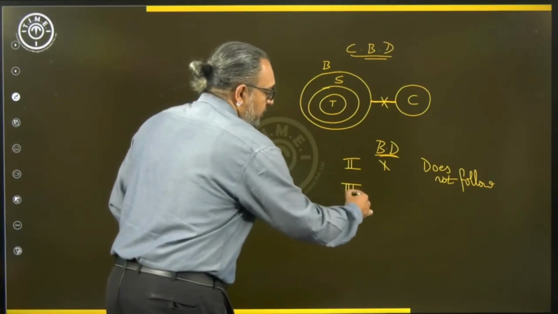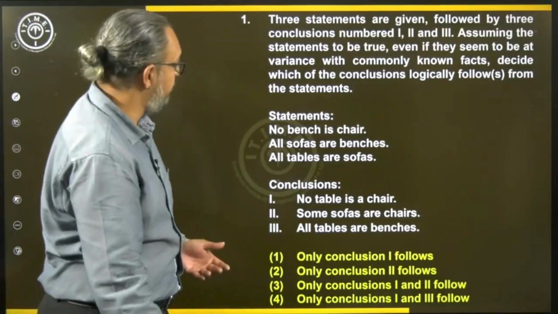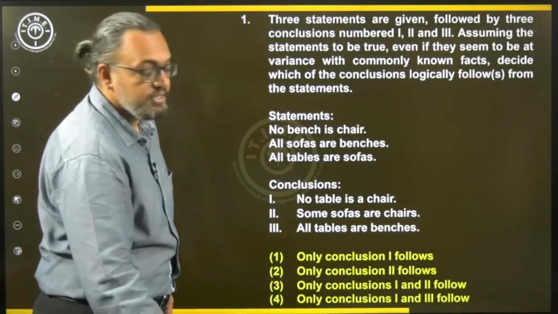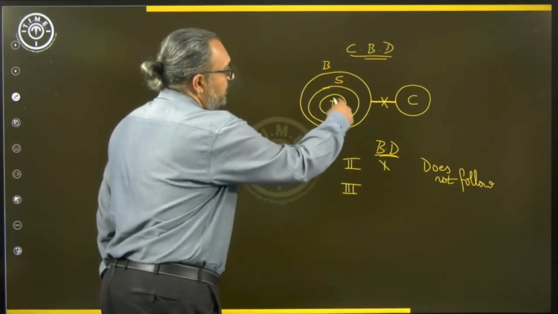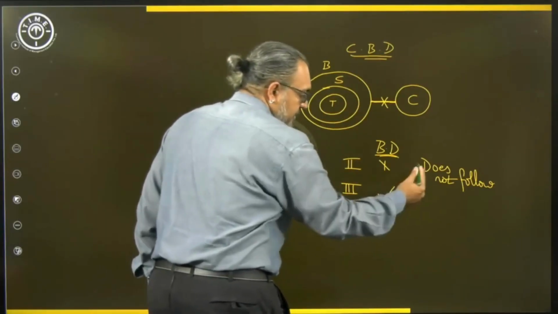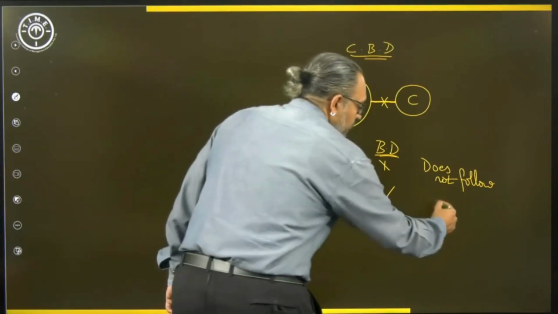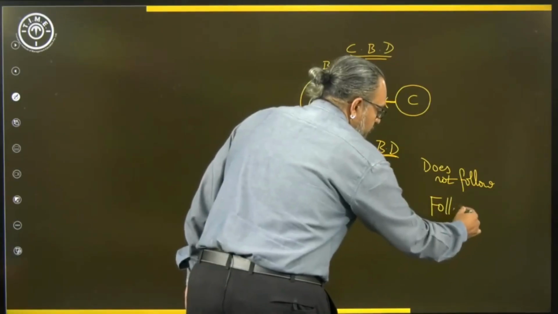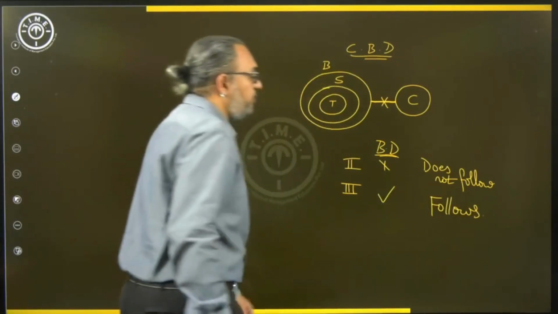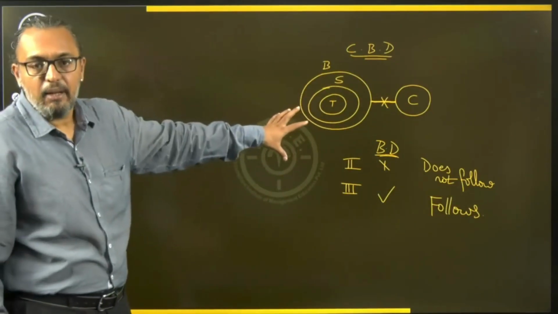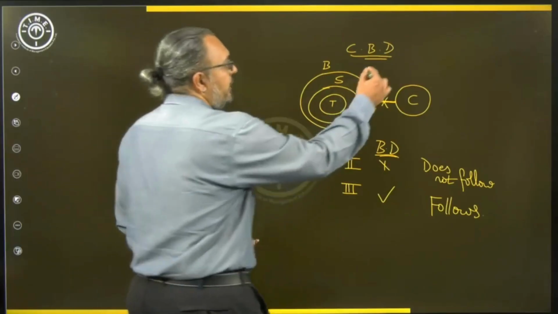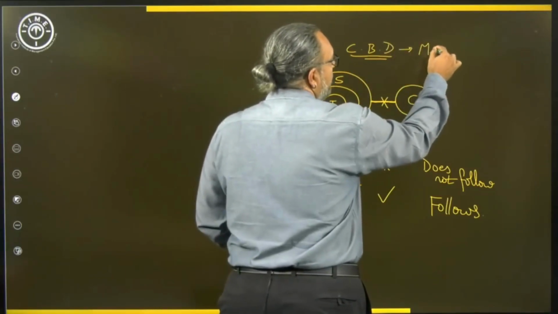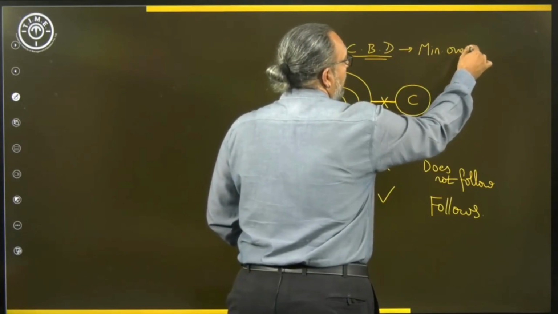And conclusion number 3, that is also affirmative, that says all tables are benches. Tell me, are all the tables inside benches? Yes. So, you can say it follows. So, we prioritize drawing a basic diagram because that is a minimum overlap diagram, correct? Basic diagram is nothing but minimum overlap diagram.